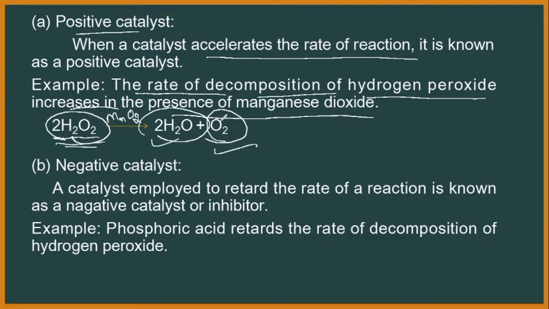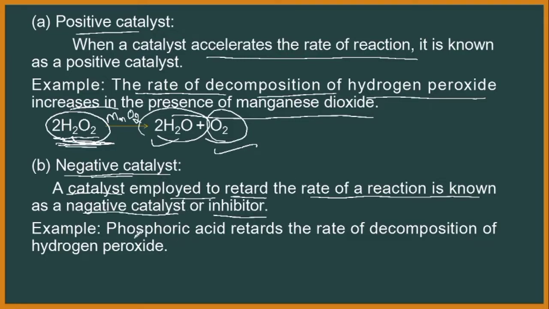So whenever we want to store it, we use a negative catalyst. That means to prevent the breakdown of hydrogen peroxide, we use a negative catalyst. A negative catalyst employed to retard the rate of reaction is known as a negative catalyst or inhibitor. That means they will not allow the reactant to become product.